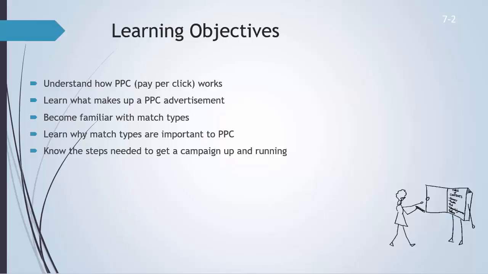So hopefully by the time we finish this chapter you'll understand how pay-per-click works, what makes up a pay-per-click advertisement. You'll also be familiar with the different match types, learn why the match types are important to pay-per-click, and this is also then part of your campaign, so you'll know the steps needed in a campaign to get this pay-per-click up and running.